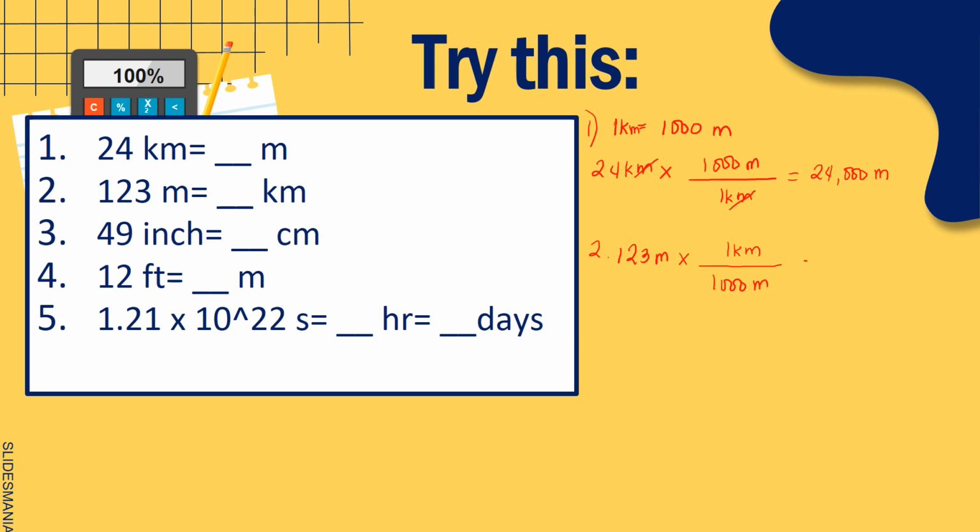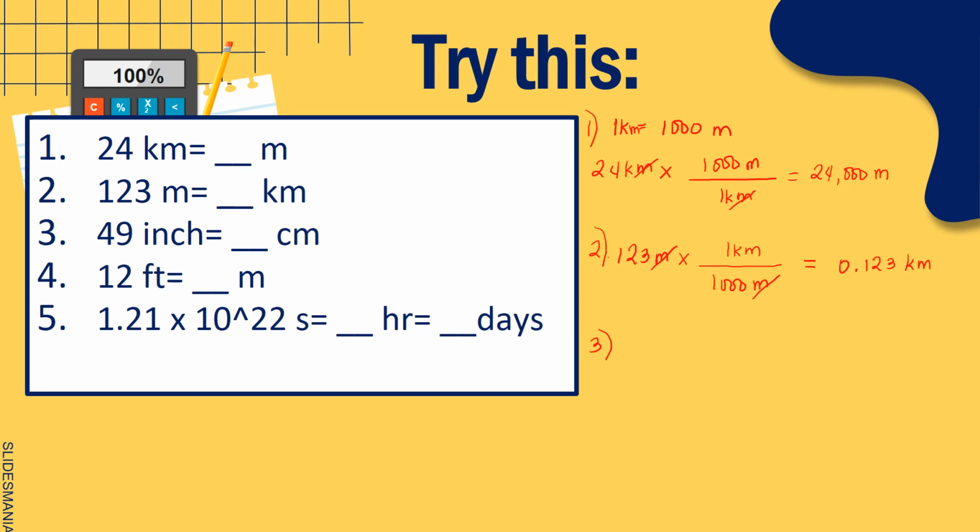So 123 meters divided by 1,000 meters, we have 0.123 kilometer. Of course, cancel out meter to meter. So 123 meters is equal to 0.123 kilometer.